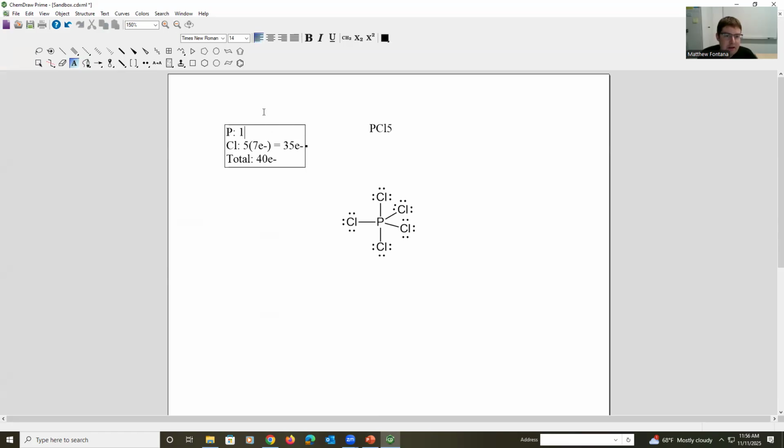We have iodine. Sorry, it's called iodine. Iodine versus iodide, they sound very similar, but iodine is neutral. Iodide is I minus. So we have iodine.